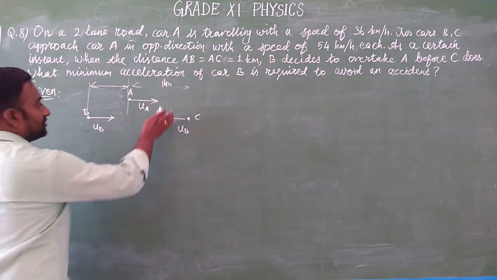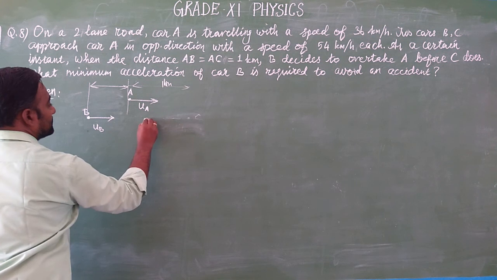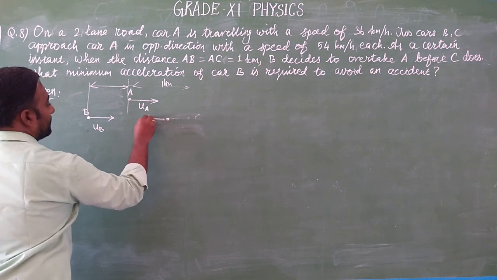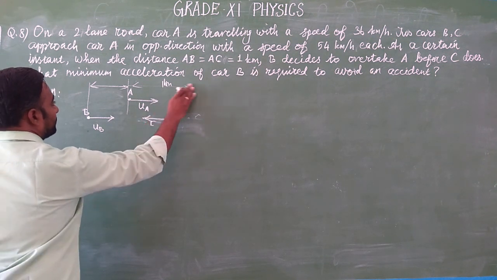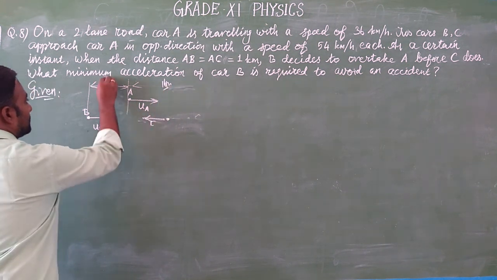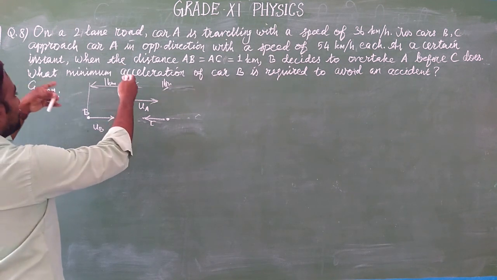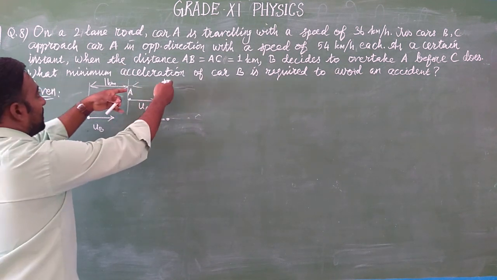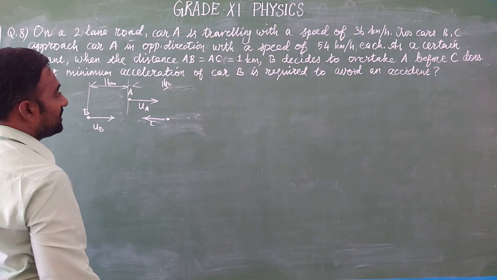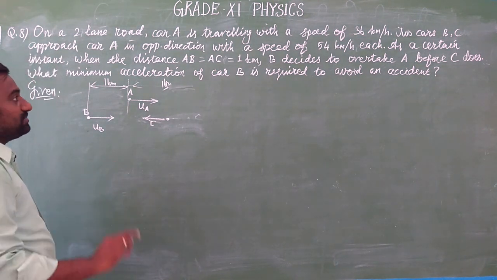Okay, so we'll write here. This is car C. At a certain instant, when the distance AB and the distance AC are equal to 1 km, now the question begins.